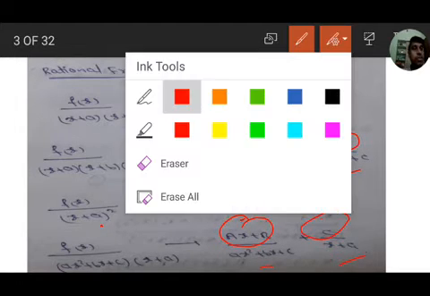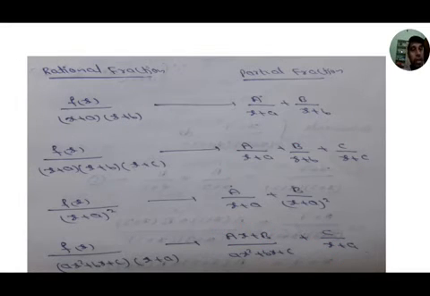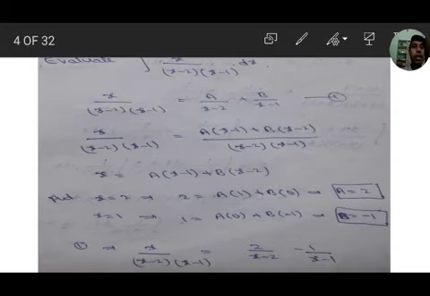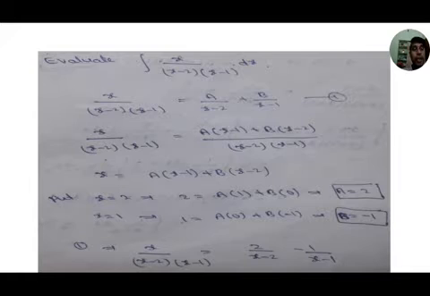Okay, next problem. First, express the rational fraction as partial fractions according to the different cases, then find the constants, then integrate. So the first problem: evaluate integration of x by (x minus 2) into (x minus 1) dx.